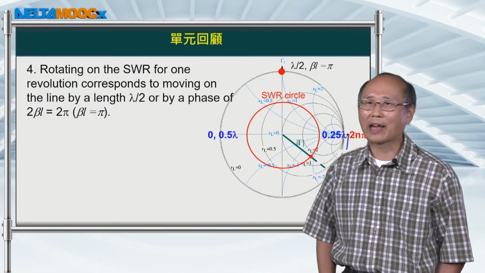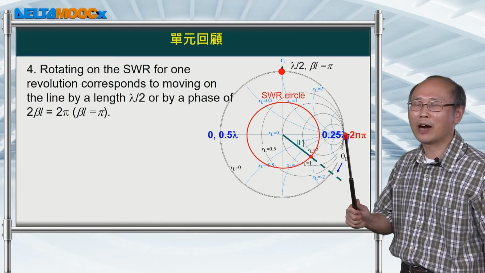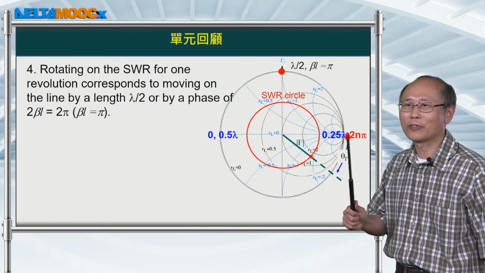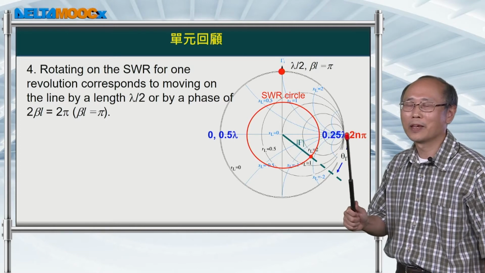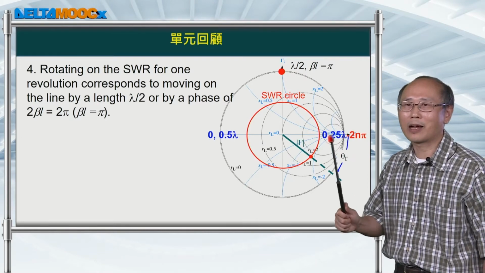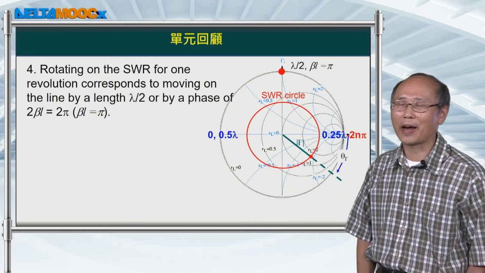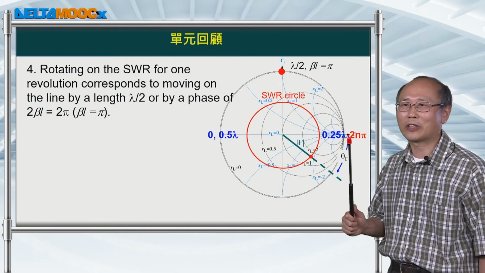But in terms of angle, we always define the 0 point on the positive part of the real axis. So at this point, the phase angle is 0. Because z is defined at a location of minus L, we put a minus sign in front of this phase angle.